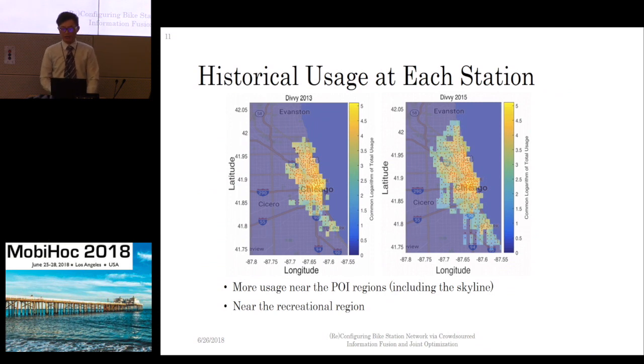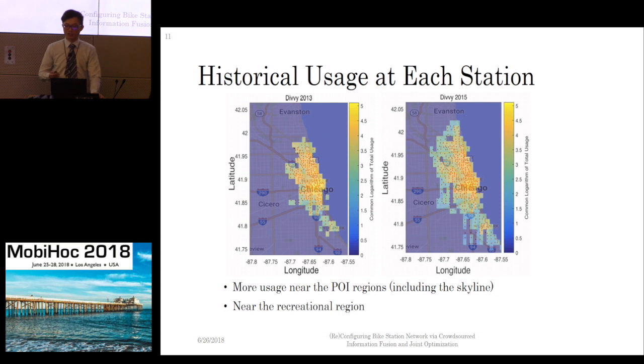First, we show the historical usage of the bike trips at each station. We use Divvy in Chicago here because it has a longer history and more reconfigurations. We can see that there is more bike usage around those points of interest, including the city skyline, or around those stations near the coastline of the big lake.